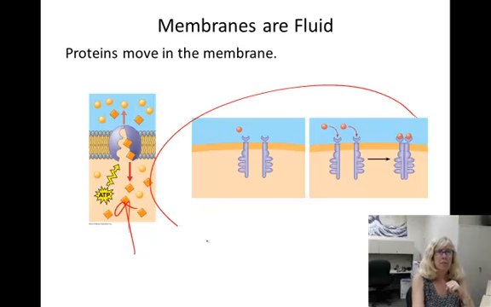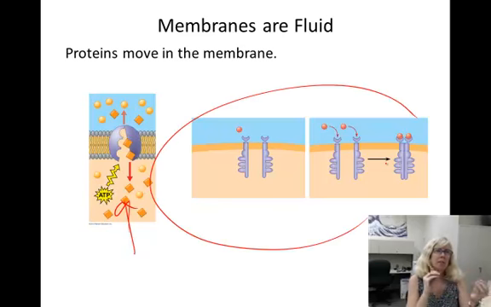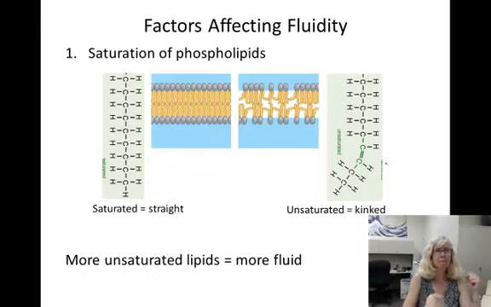Here's another example that's called a receptor tyrosine kinase, and we'll see that more later in the cell communication lecture. But notice that it has 2 membrane proteins, and when they bind to an external stimulus, the 2 proteins have to move together within the membrane and dimerize or bind together, and this requires that they be able to move within the lipids and in a way that makes the lipids fluid.